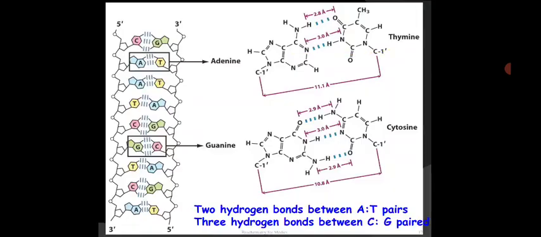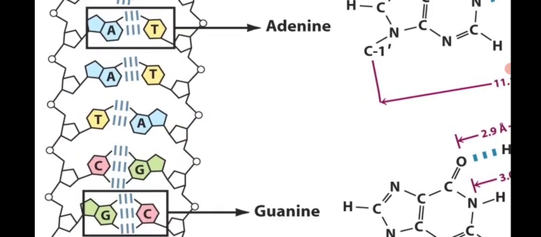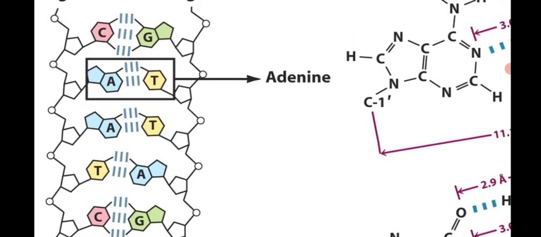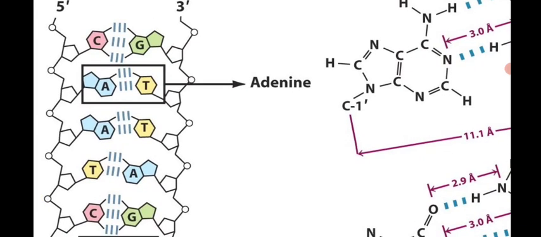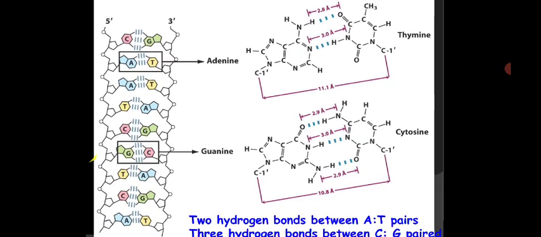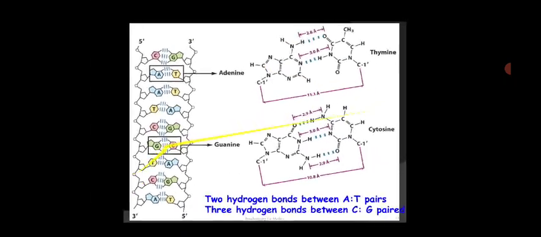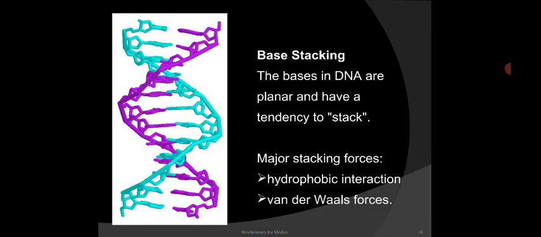Also here you can see that this ladder of the double DNA helix is held by hydrogen bonding, and it is the main component that holds the DNA double helical structure. The next is stacking interaction, which is base stacking.